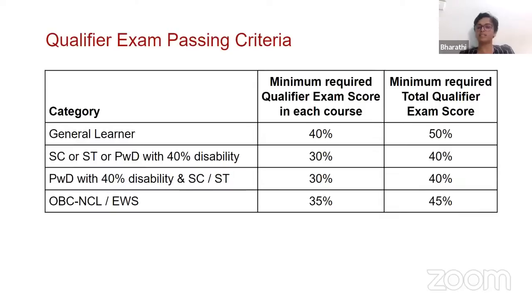If you belong to OBC, NCL or EWS, we have a 5 marks waiver for you. So in each subject, you have to get more than 35, and the average of the 4 subjects should be greater than 45. Similarly, for the other 2 categories, each subject greater than 30, and the average should be greater than 40 marks. So this is the criteria to pass the qualifier exam.